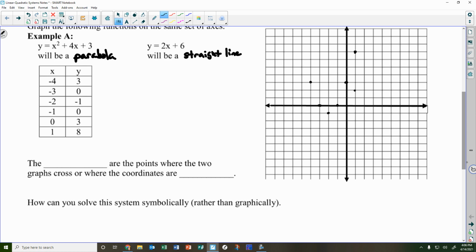Now notice I don't give you an 8 on the other side, but that should reflect, right? Since these 2 points reflect each other, and this point is 1 away, if we go 1 over, this point should also be here. So this is my terrible-looking parabola.